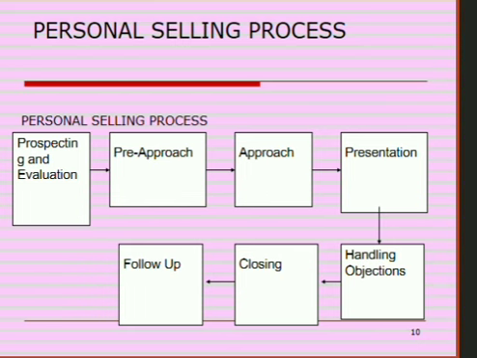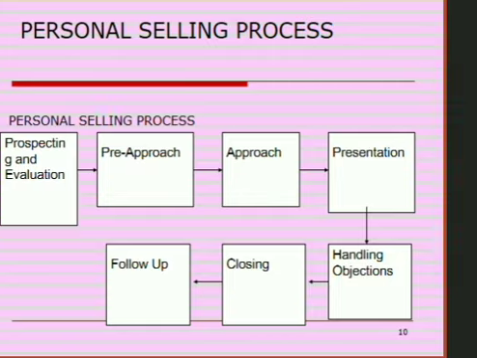The customer may be known to the salesperson, so it may start from any step. But generally, when a salesperson is new or generating leads for getting sales, it starts with prospecting and evaluation. Now we'll go through the details of these different steps.